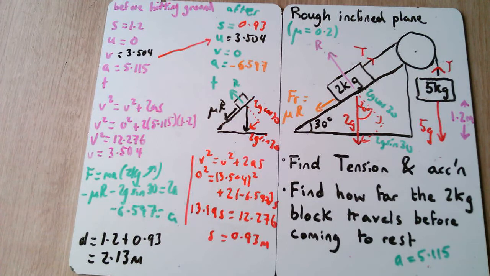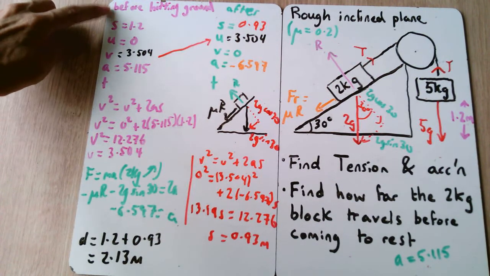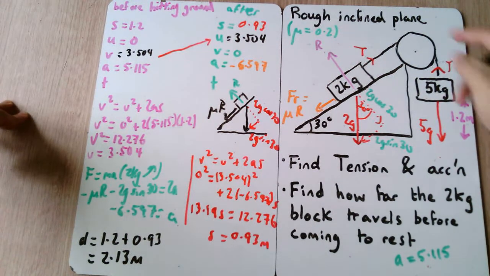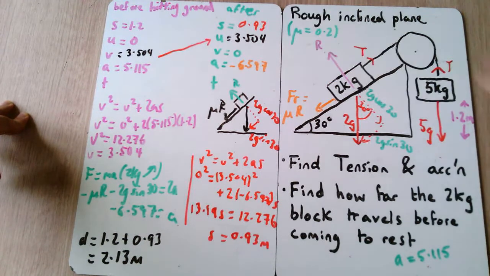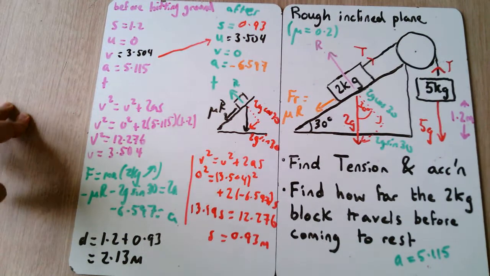So let's just quickly review. We first worked out the tension and acceleration via our steps of F equals ma and simultaneous equations. We then came to the 2-step SUVAT. Now we said you need to consider the motion before the 5 kg block hits the ground, where the tension is still present, and then look at the situation after the 5 kg block hits the ground, where there is no longer any tension.